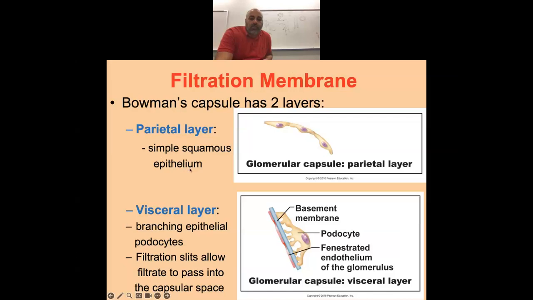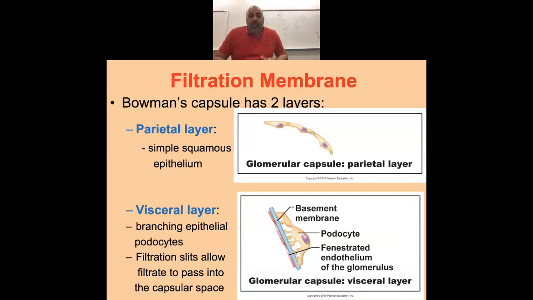So parietal layer, simple squamous. Visceral layer, also simple squamous, but they've specialized into what are called podocytes. So what's happened is we have the parietal layer on that outer simple squamous, clear as day. The inner simple squamous have grown feet. Podo is feet.